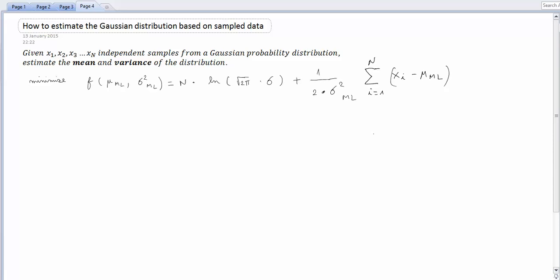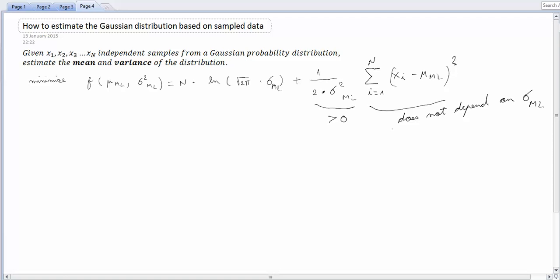Okay, now as you can see, I have here a positive term, and whatever is in this sum, oh my god, this is squared, does not depend on sigma maximum likelihood.